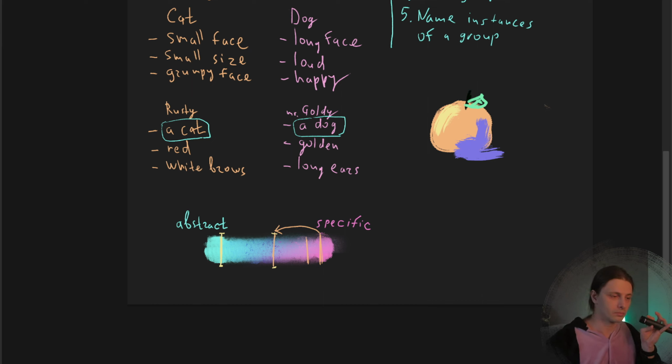So, that's good. Remember about this spectrum. Let's write it down. This is a spectrum. This is not just a black and white thing, no, just abstract or just specific.